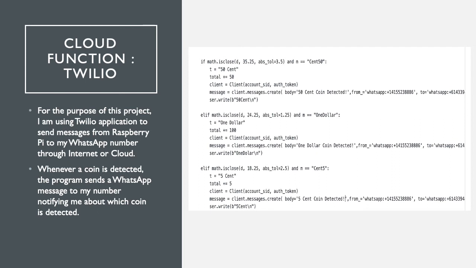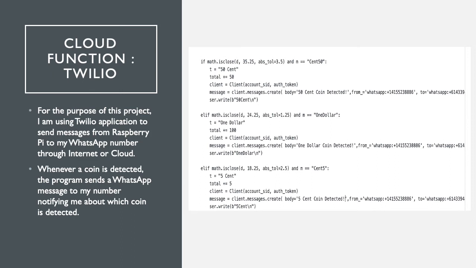As you can see in the code on the right hand side of your screen, if the coin detected is 50 cents, first it adds to the total of 50 cents, and then it writes to the Arduino that 50 cents has been detected, and then it sends a message to my WhatsApp number saying that a 50-cent coin was detected.